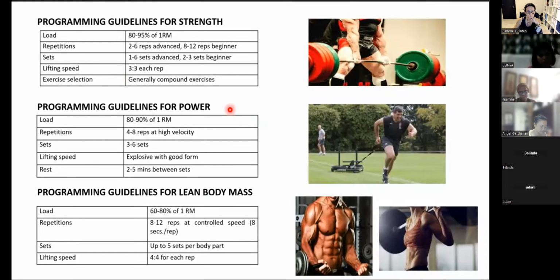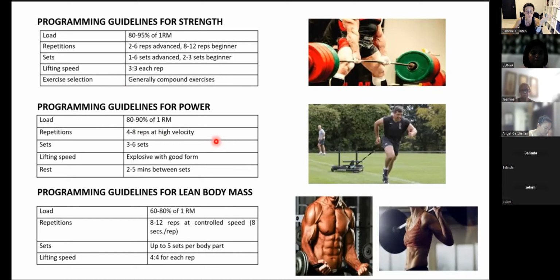I actually had only one person I needed to train for power, and that was a soccer player. I hardly have anyone to train for power because this is very, very sport specific. The load again is in a high range, repetitions 4 to 8 reps, but it's also at a high velocity.